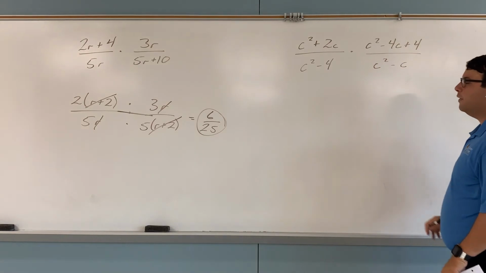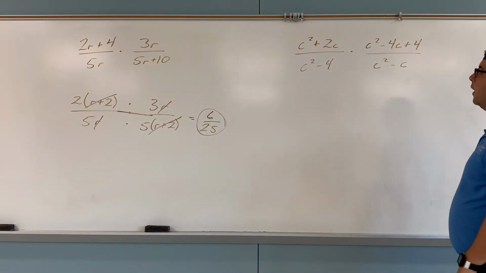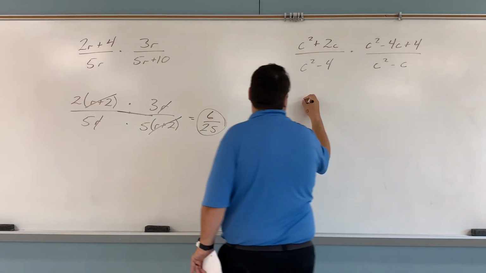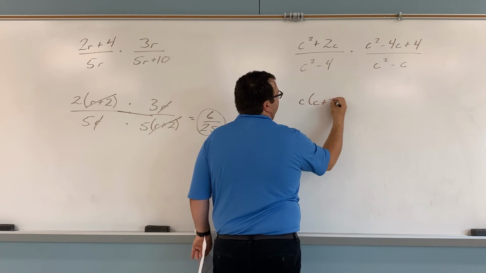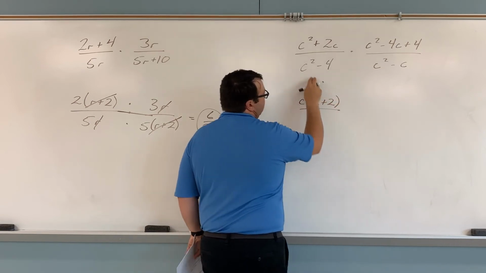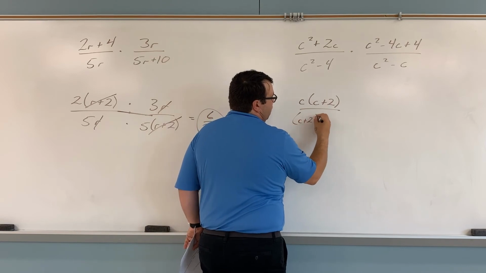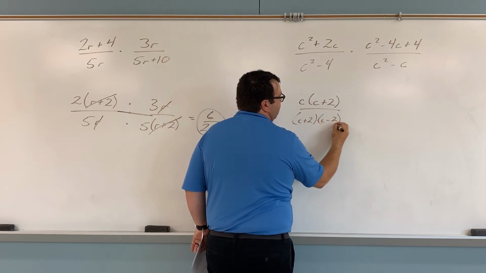All right, there's a lot of C's here, so don't get lost in it. But see if you can factor step by step. Over here, I can pull out a C. I'm left with C plus 2 over. This can factor, certainly. That is C plus 2, C minus 2.